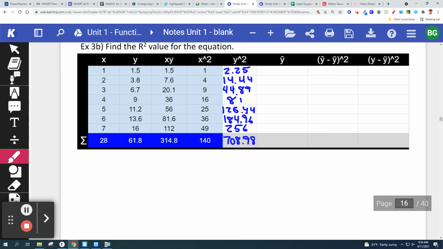So I need y squared, and I could fill into this formula.